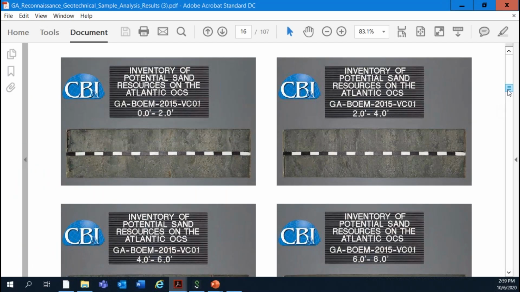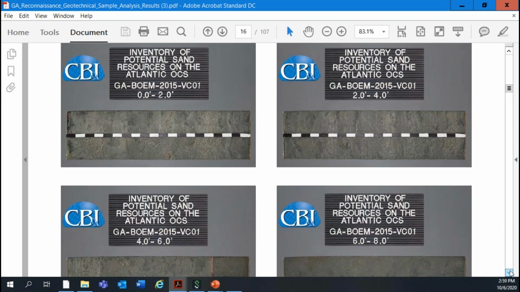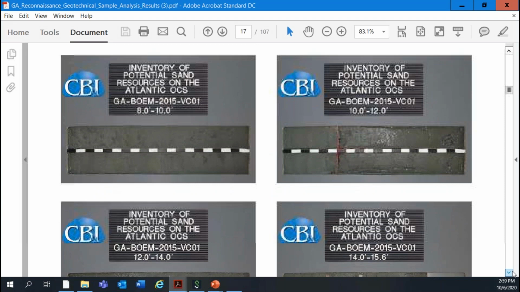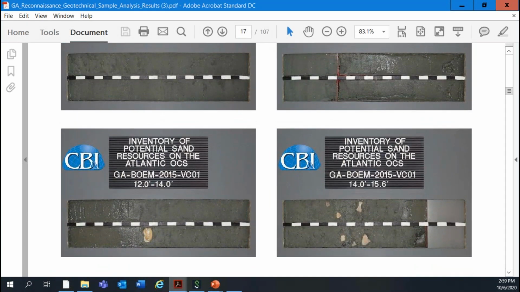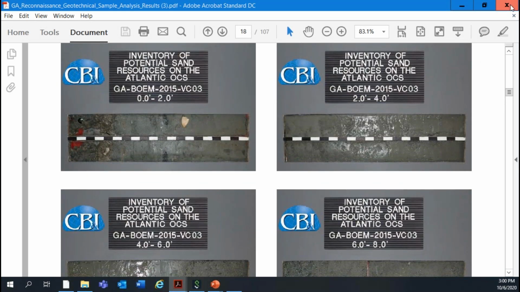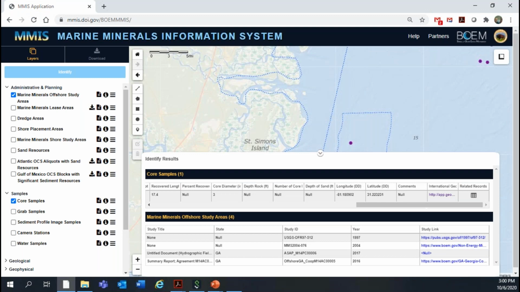And this report shows the cores and sections, and you can see all the different layers of it. You have sand in these areas here, along with some shells. You might find mud. In some cases, you could find peat and pieces of wood from old trees.